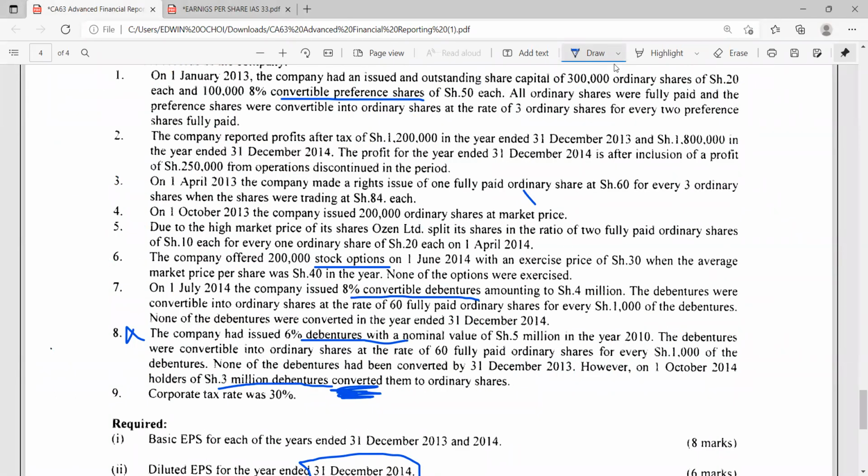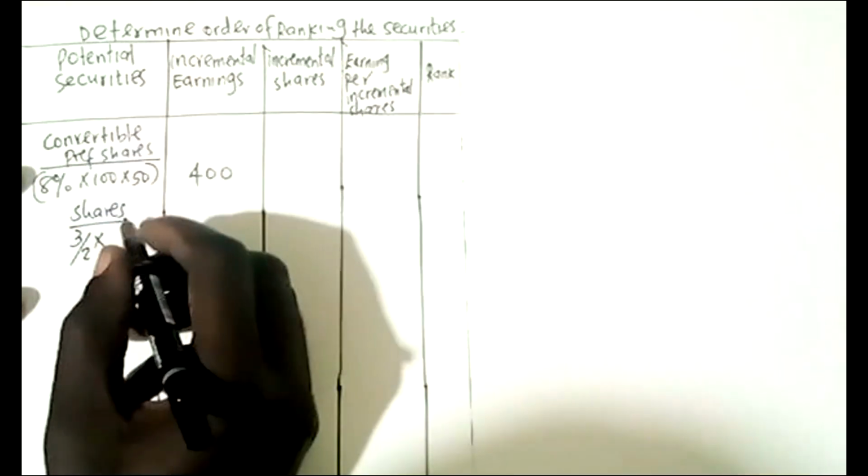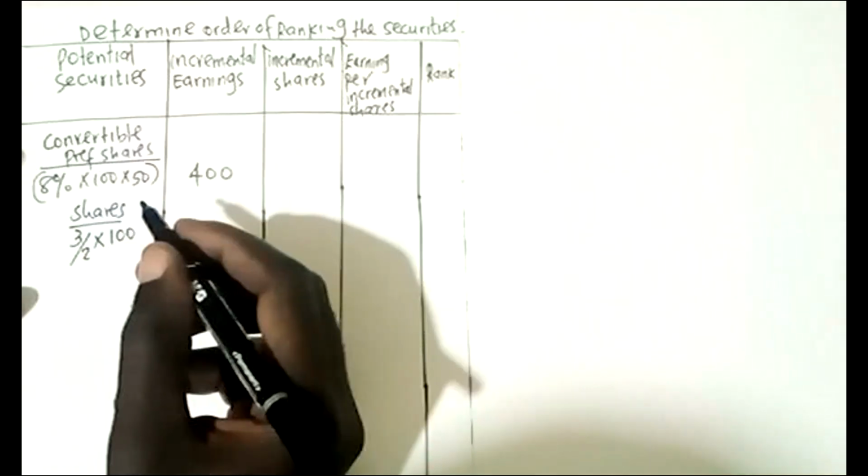They said that preference shares were convertible into ordinary shares at the rate of 3 ordinary for every 2 preference. So that is 3 over 2 times 100.